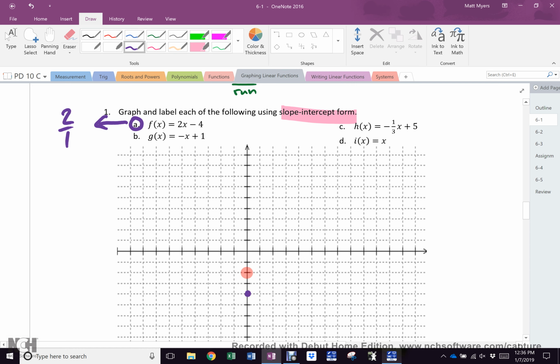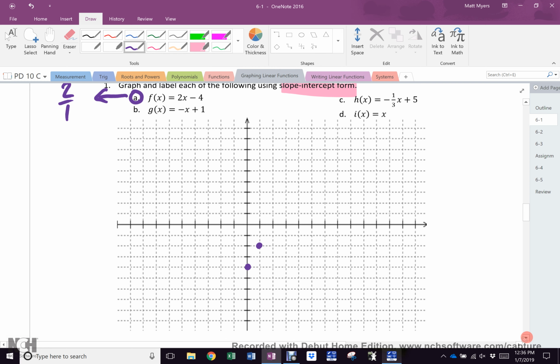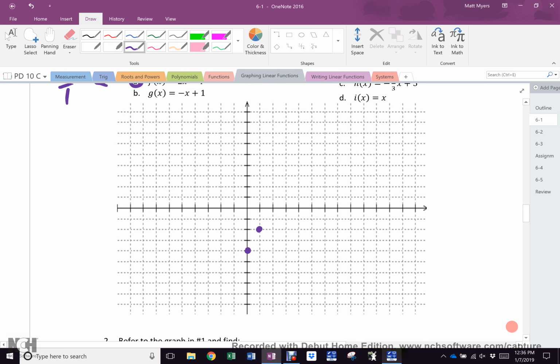Up 1, 2. If I run positive 1, where should I go? To the right 1. Now, just to remind you that this goes on for infinity, I could also go down 2 and left 1. And that gives me the line. Does everyone understand?